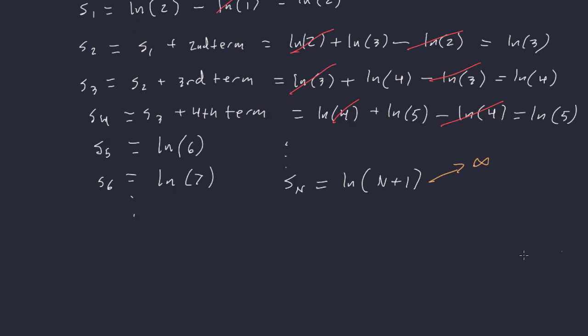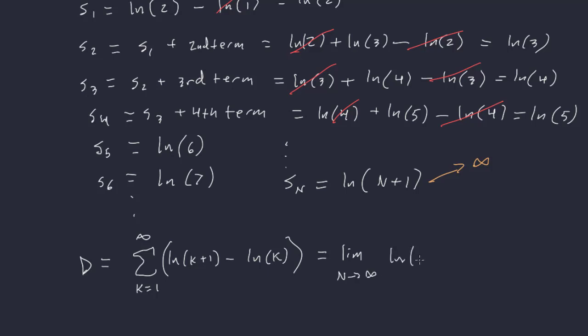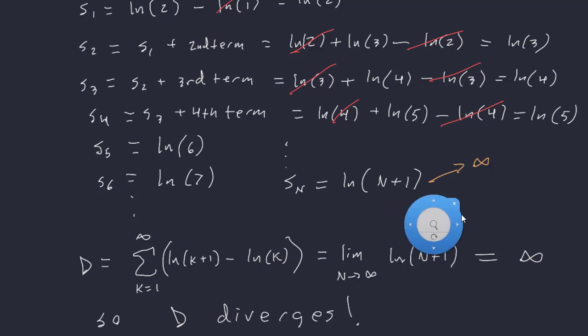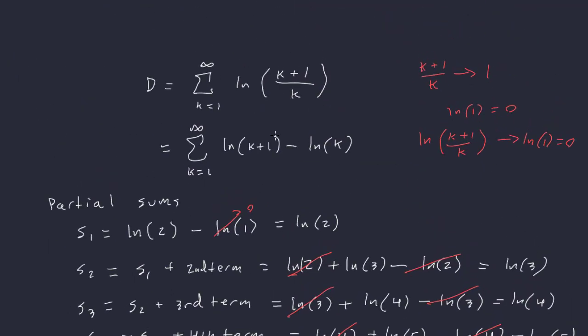So this means the series D, k going from 1 to infinity of ln of k plus 1 minus ln of k, ends up being the limit as n goes to infinity of the natural log of n plus 1, which is infinity. So D diverges.